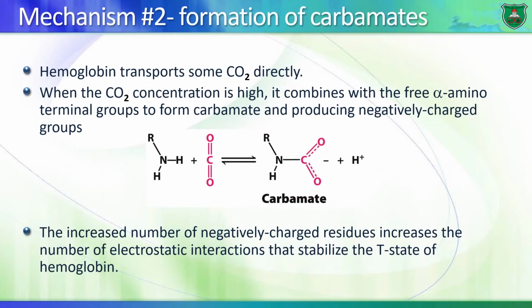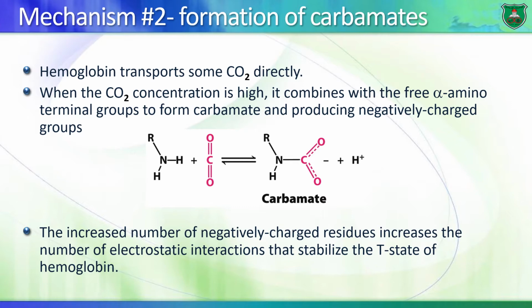Now the second mechanism is formation of carbamates. So what happens is that CO2 itself can bind to the free alpha amino terminal groups of polypeptides, forming what is known as a carbamate. And this would create the formation of more negative charges.